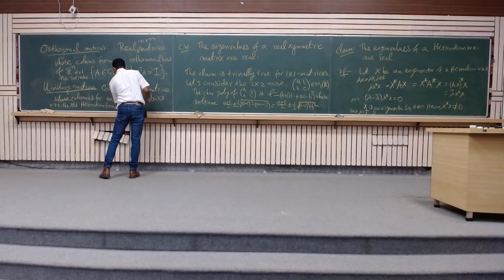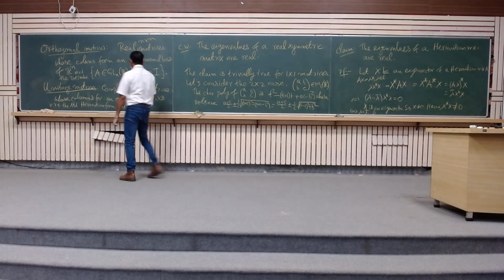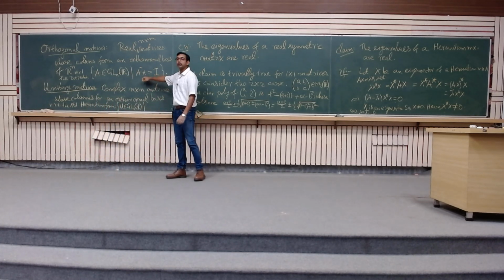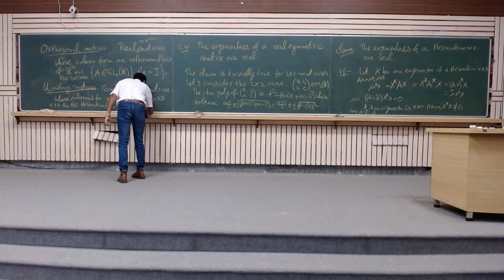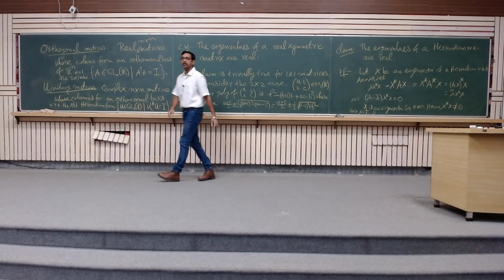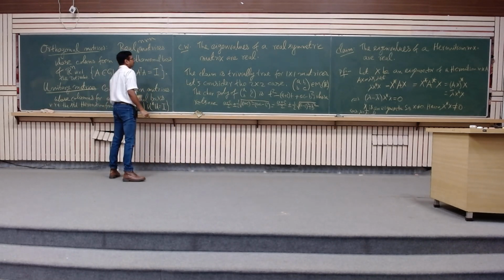These are matrices in GLnC. This condition would enforce that they are invertible. Now here U star U is equal to identity. So these we will call unitary matrices.